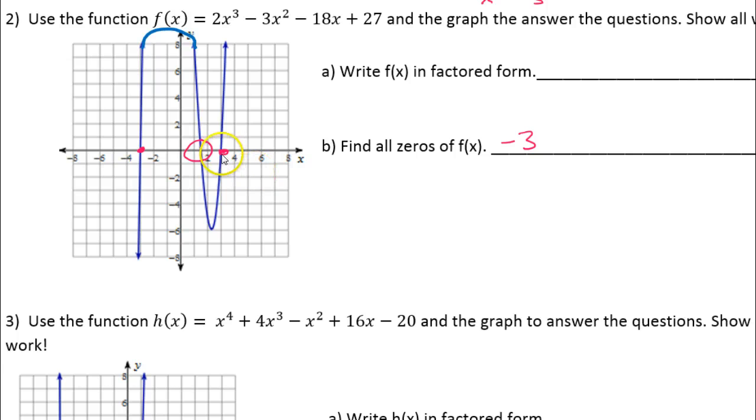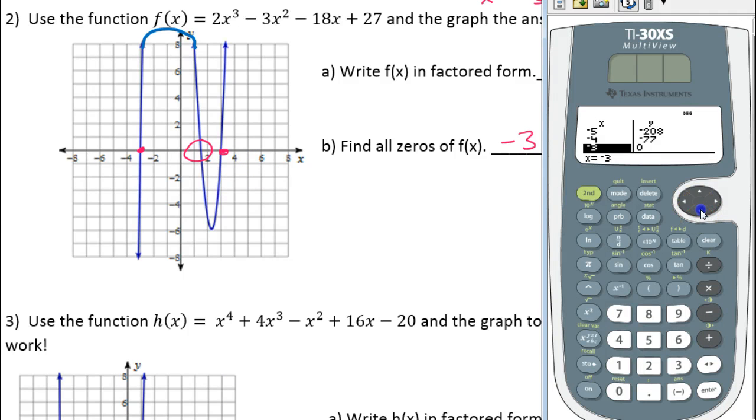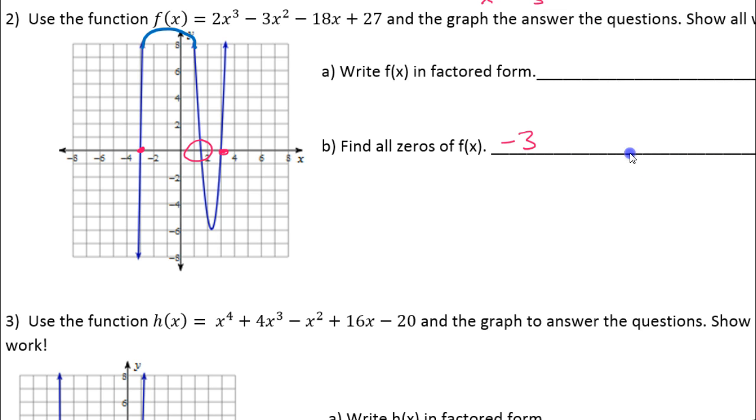The graph is also showing a 0 at +3. So notice if I keep scrolling down to positive 3, oh look, there's another 0 at positive 3. So I'll be watching for that positive 3 to show up in a minute. Whether you use the calculator or the graph, you see the negative 3 showing up.